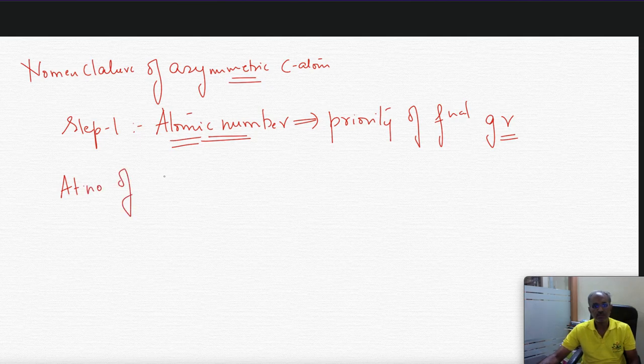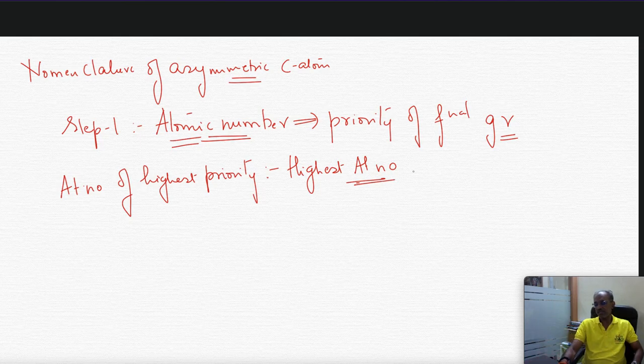The highest priority group depends on the highest atomic number. The higher the atomic number, the higher the priority.